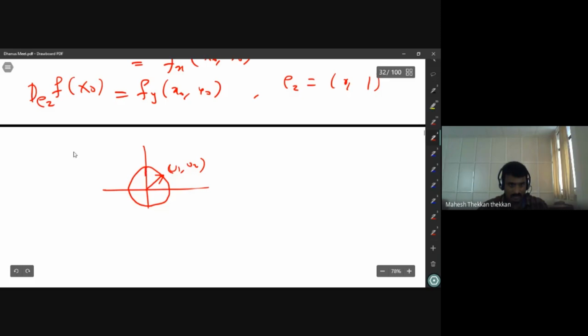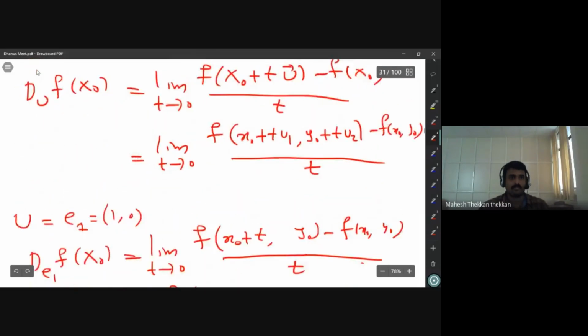Similarly, this is your (0, 1), that is your e2, and I can look at the derivative in this direction. In the direction (1, 0), the derivative is the partial derivative with respect to x; in this direction, it is the partial derivative with respect to y. So I generalize that for any unit vector u = (u1, u2), and the derivative in that direction is called the directional derivative, denoted D_u f at x naught.